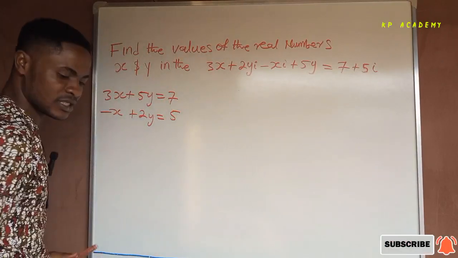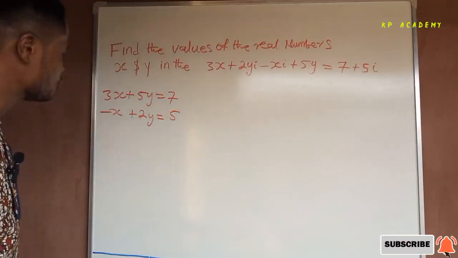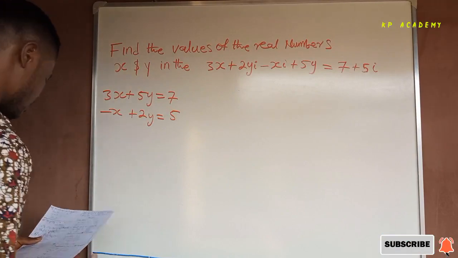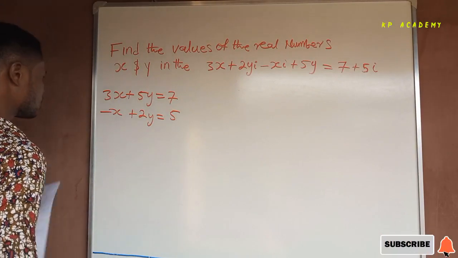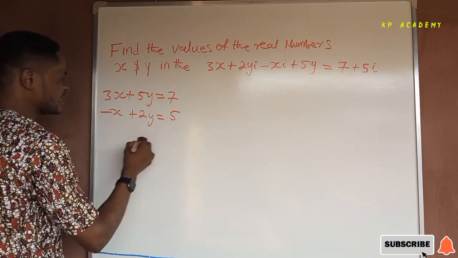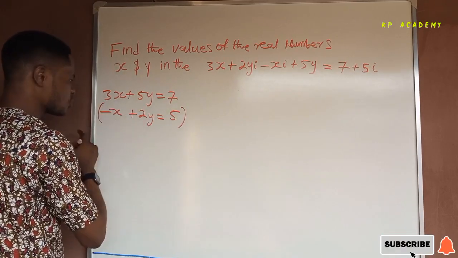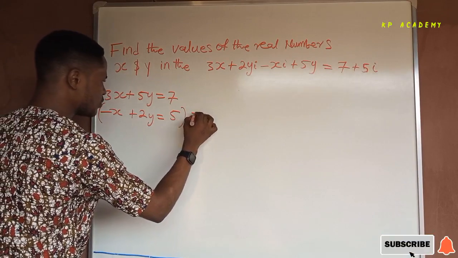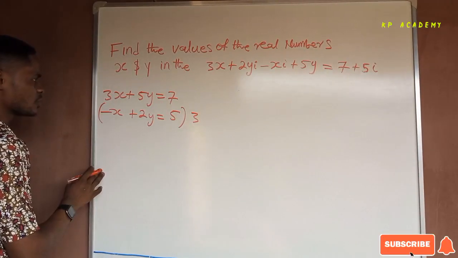So solving simultaneously from here, we can choose to use the elimination method. Now by using the elimination method, let us eliminate x. So eliminating x, let us multiply all through equation 2 by the coefficient of x in equation 1.